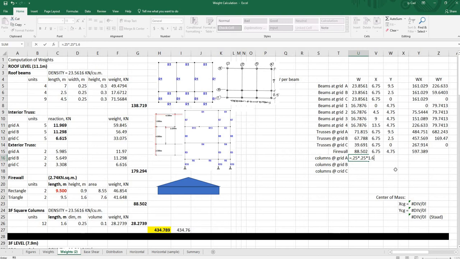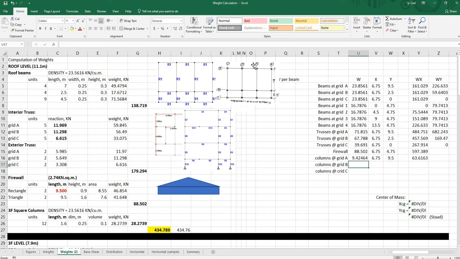Yan yung volume. Okay, times 4 units times 23.5616. Okay, so that is 9.42. Ang x coordinate or yung centroid ng apat na columns na yun, nandito sa gitna. So, we have here 6.75, tapos yung y niya would be 9.5.